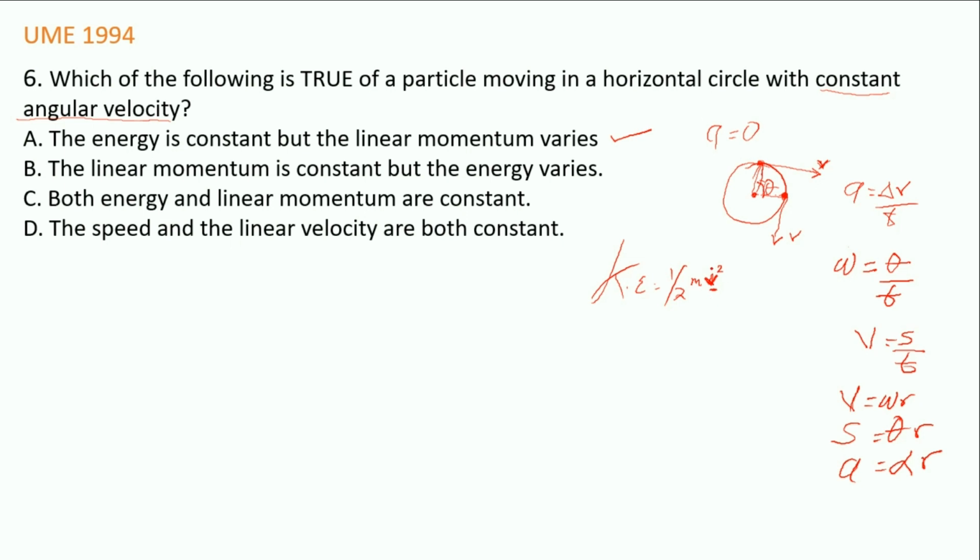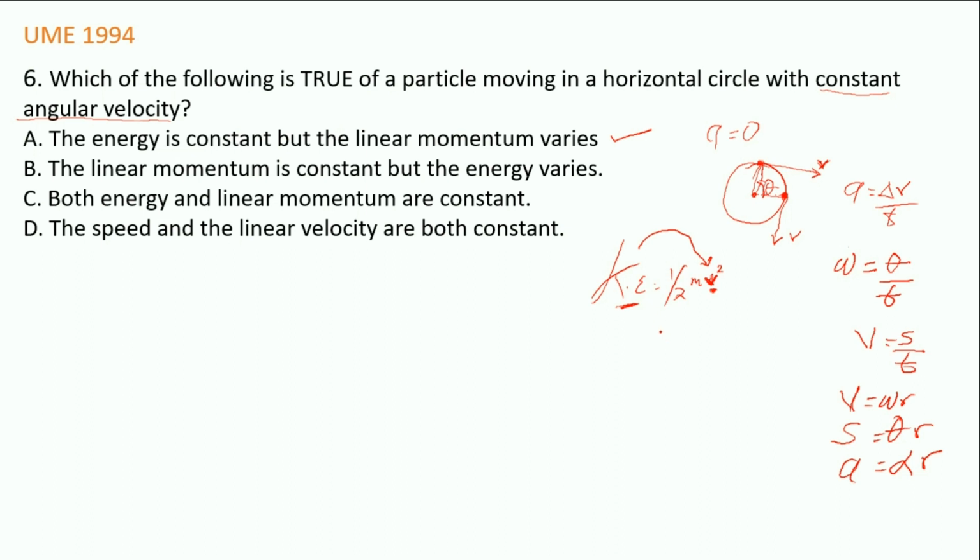Kinetic energy depends on speed, not on velocity. Because kinetic energy is a scalar quantity, it depends on a scalar quantity, which is speed. Because the speed is always constant, the kinetic energy will be constant.